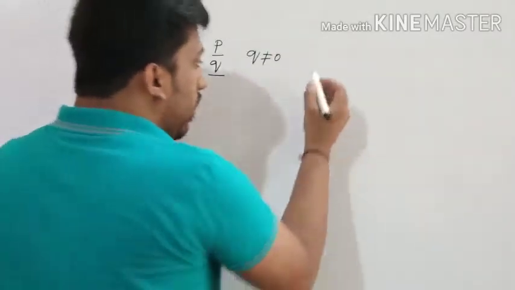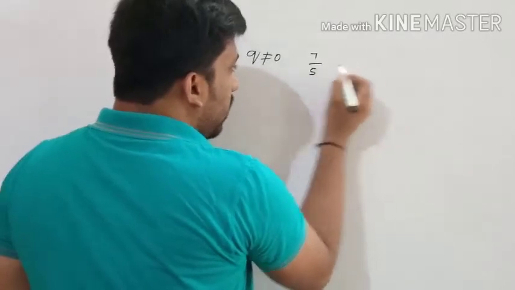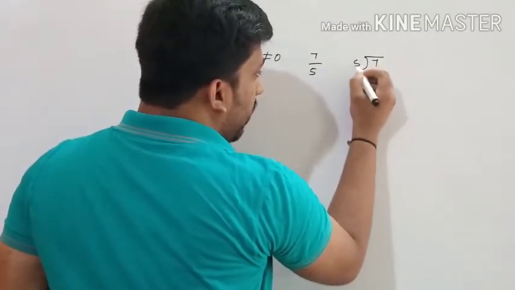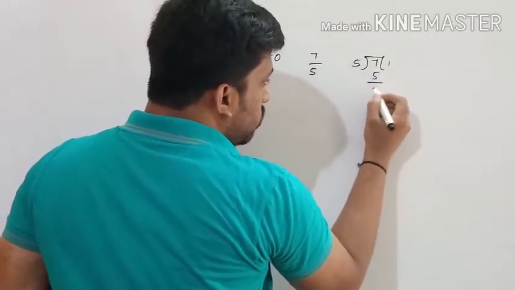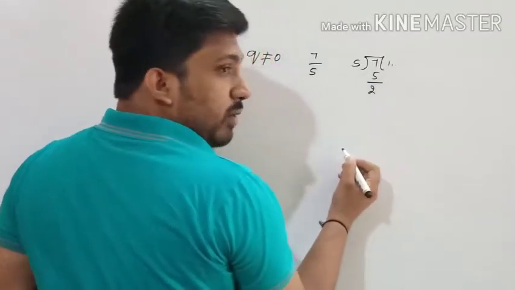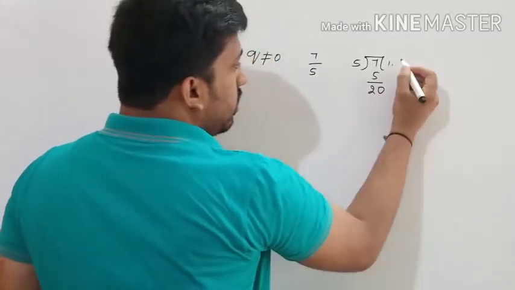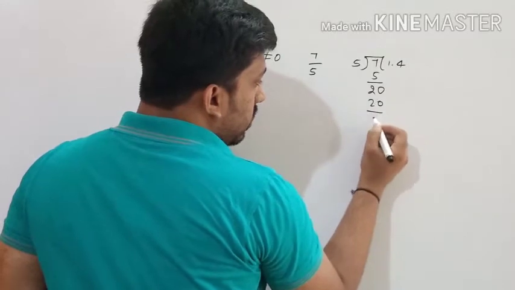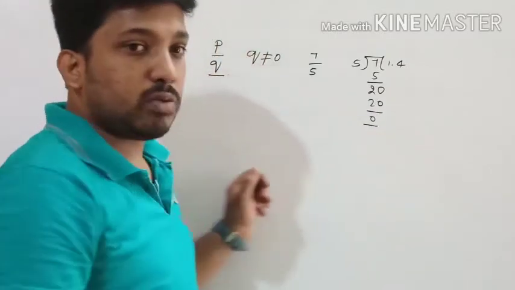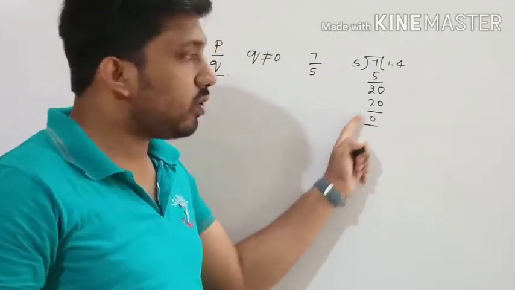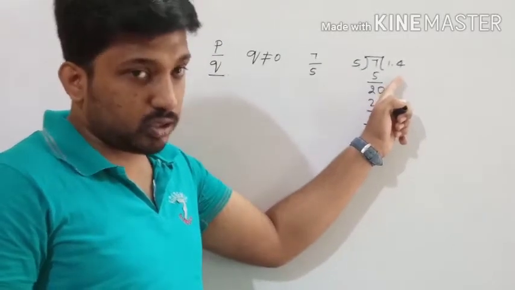For example, if we divide 7 by 5, 5 ones are 5 and 2 remainder. Again we put a decimal point and add 0 here, so 5 fours are 20. So here it was a terminating decimal, the remainder we got was 0, just 1.4. This is the quotient.